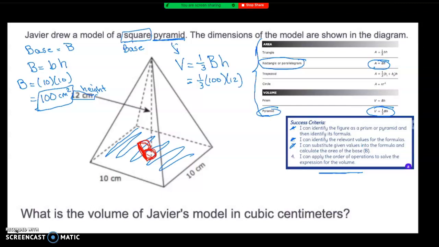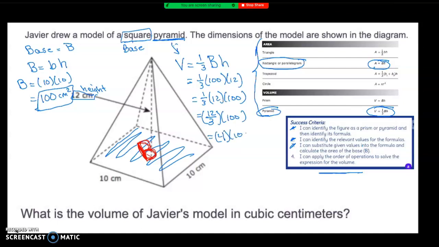Okay, so remember that in multiplication, the order in which you multiply does not matter because you will end up getting the same answer. So I'm going to switch them around and put 1/3 times 12 times 100. Now, anytime you multiply a number by 1/3, it is equivalent to dividing that number by 3. So if I multiply 12 times 1/3, it will be the same as dividing 12 by 3, times 100. 12 divided by 3 gives me 4.